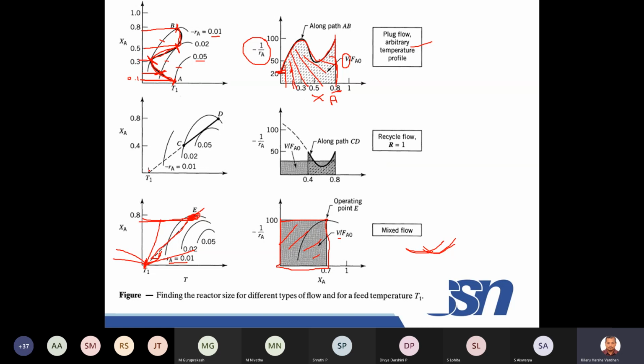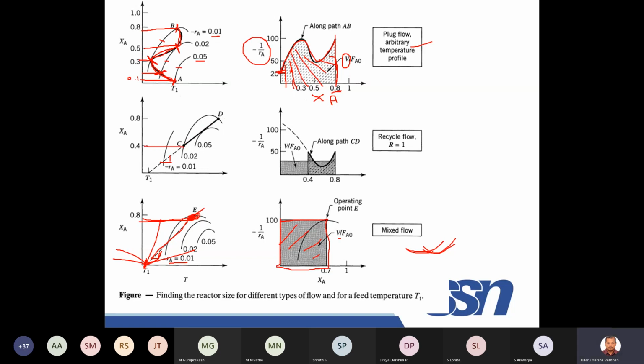So again, you draw the same thing with some slope. Again, how to calculate this slope, I'll tell you a bit later. Depending on the slope, you try to cut the curve, again at 0.7 or 0.8. Here he is assuming it is 0.8. So it cuts the curve at different points. This curve is cut at 2 points, right?